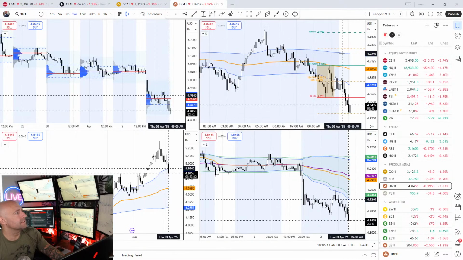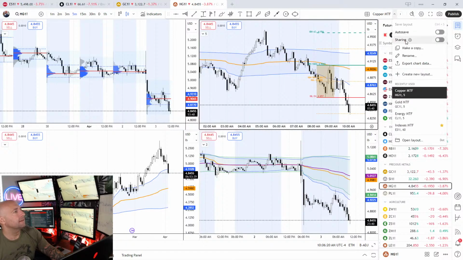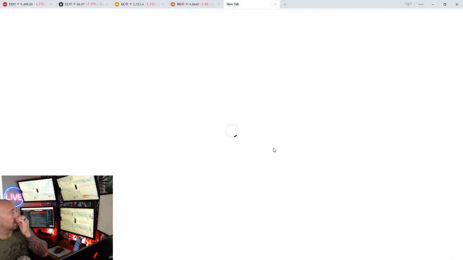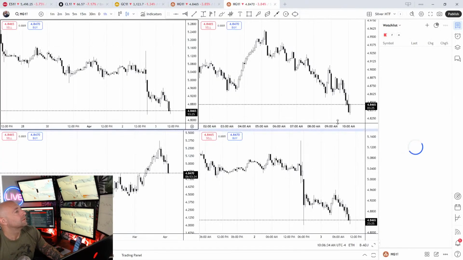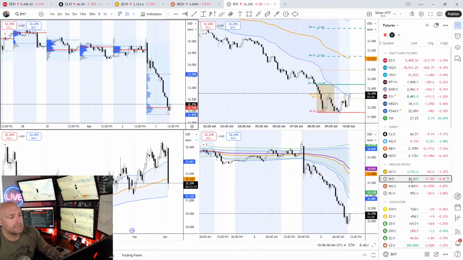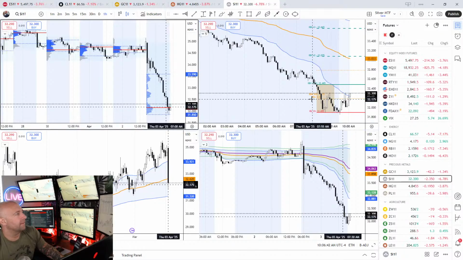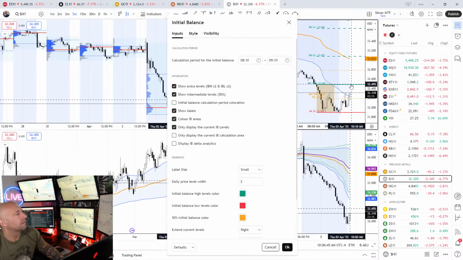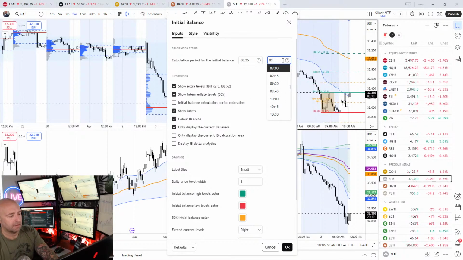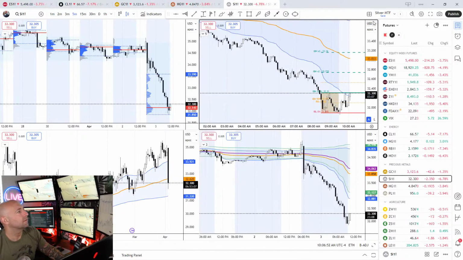Okay, we're going to save this. I'll make a copy. I'll do a silver. Previously July. And silver is 8:25. Funny how the metals have all different times, just the way it is. Okay, I'll save that.